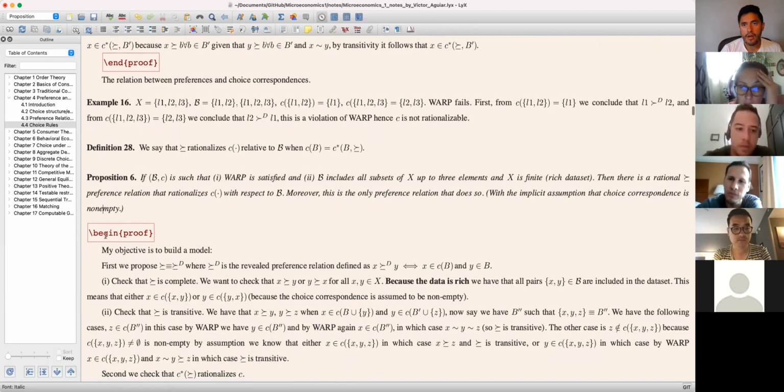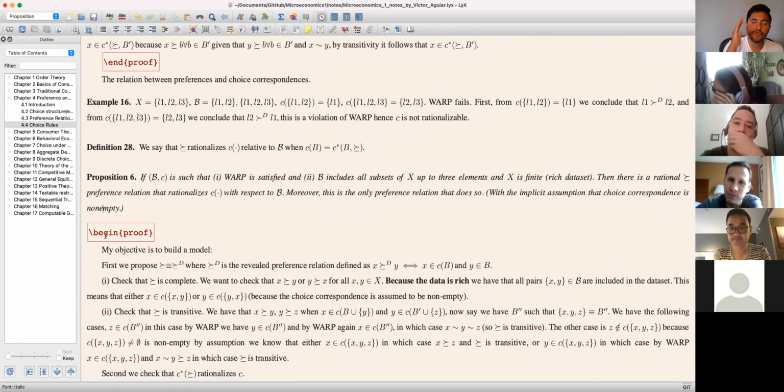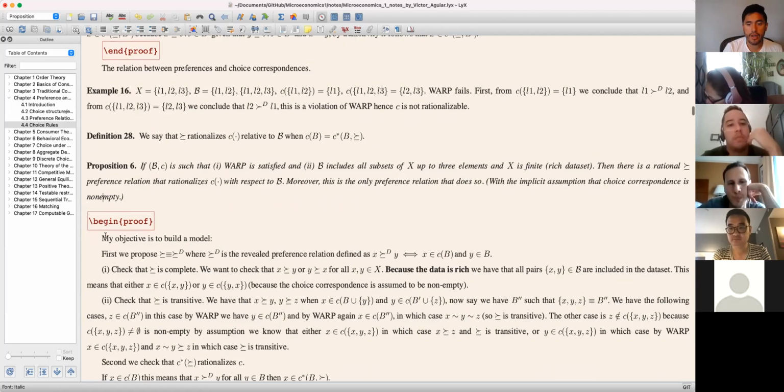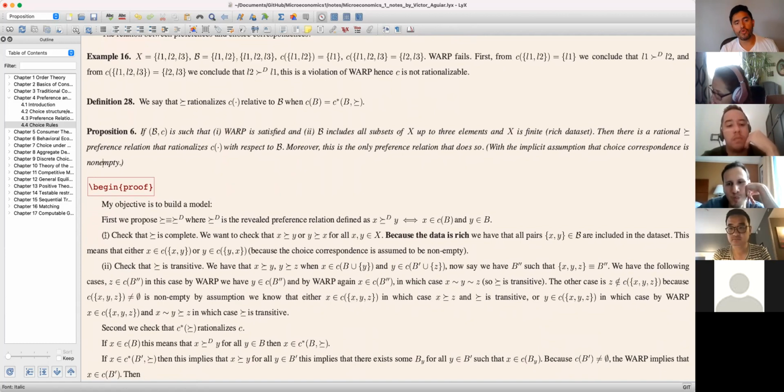Now, this is tricky because this is very rich data and you're assuming the consumer can always choose something from the menus, so they are somehow able to maximize. Under all of these conditions, there is this known result in Mas-Colell where he shows that satisfying the weak axiom will guarantee the existence of a preference relation.